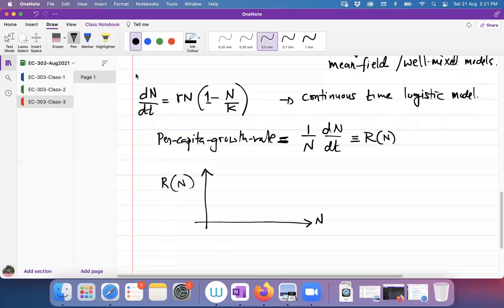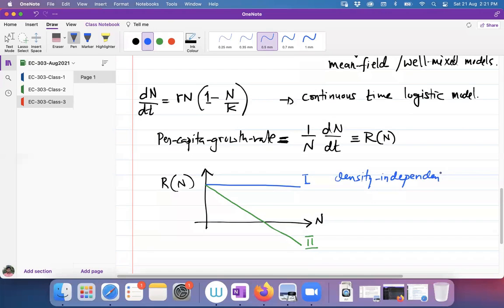Okay, so we considered two simplest scenarios. See, this does not change with n, right? That was the first scenario we considered. And the second and the more realistic scenario was that it actually declines with n. Okay. And the first case corresponded to what we called density independent models, right? So this is a density dependent model, but why is there a density dependence?